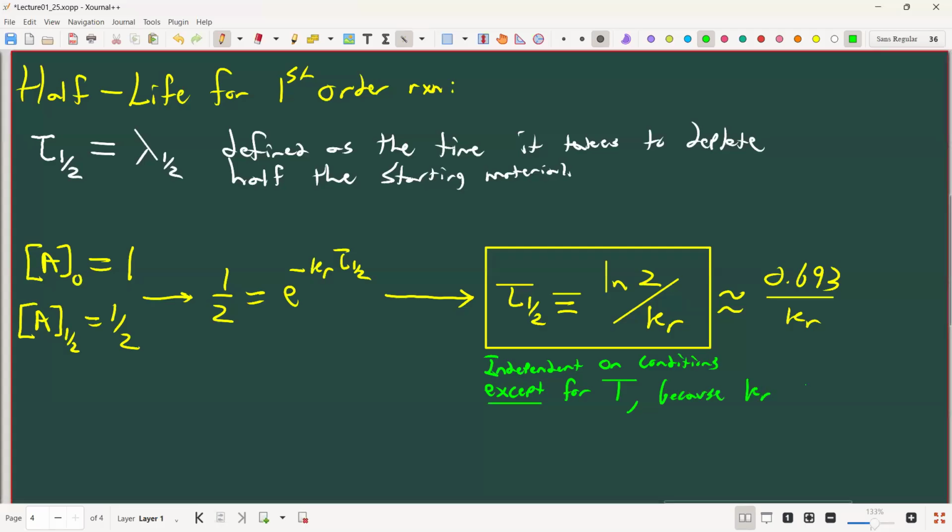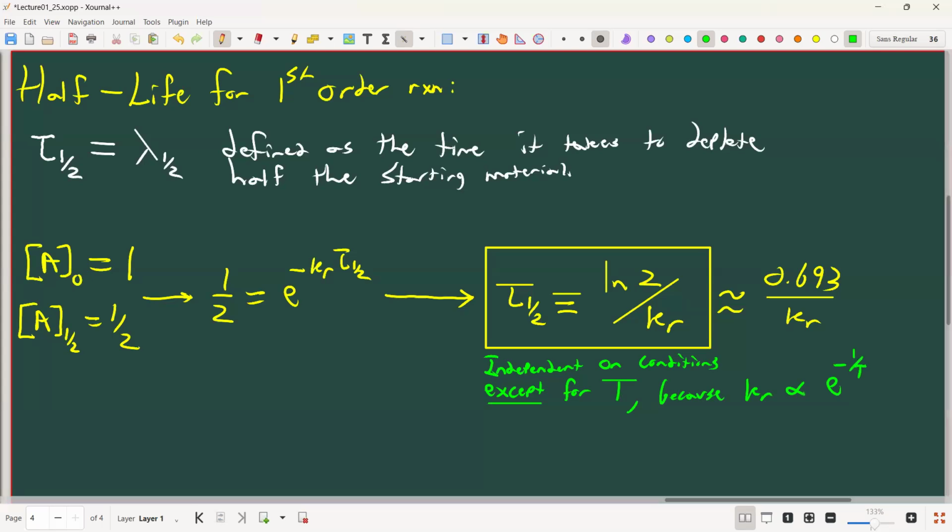Because k_R is proportional to e to the minus 1 over temperature, k_R changes with temperature, so the half-life will change with T. But otherwise it's completely set, it's unique to that mechanism. It never changes.